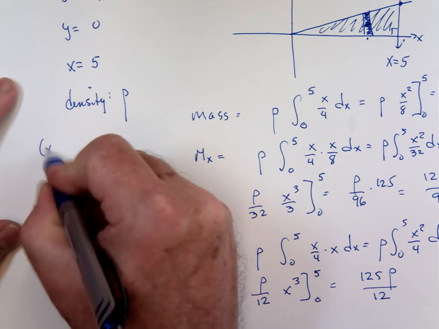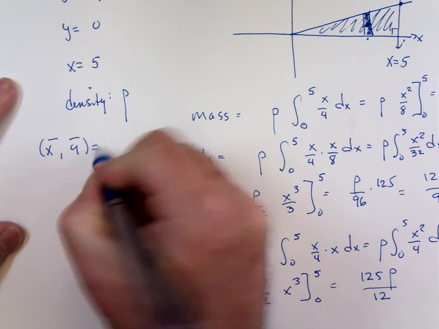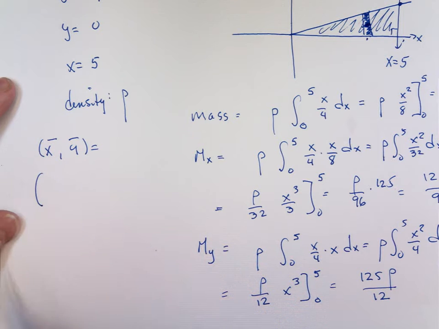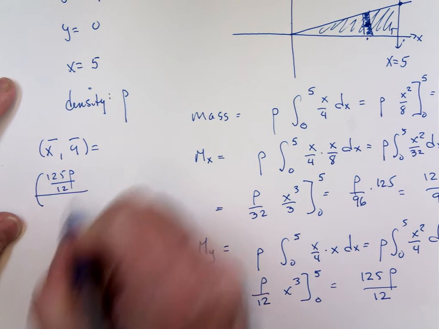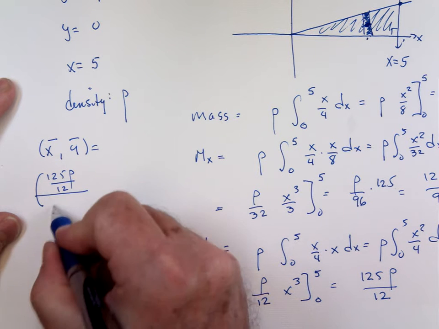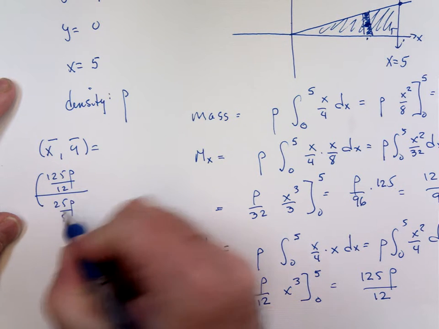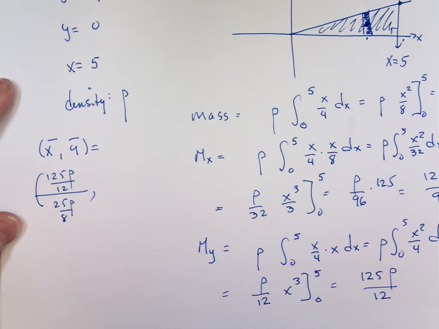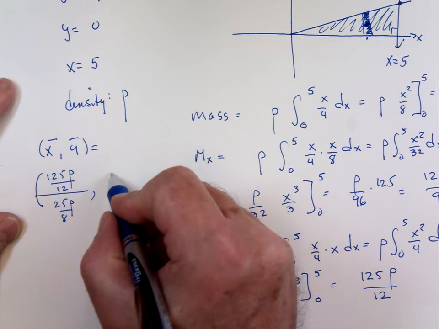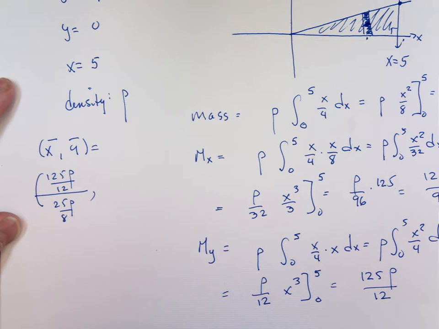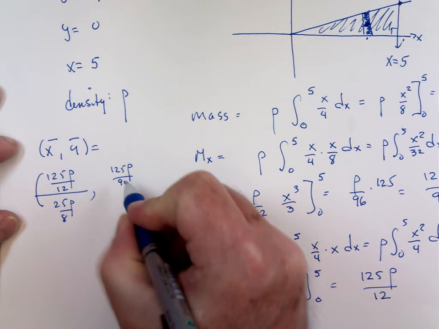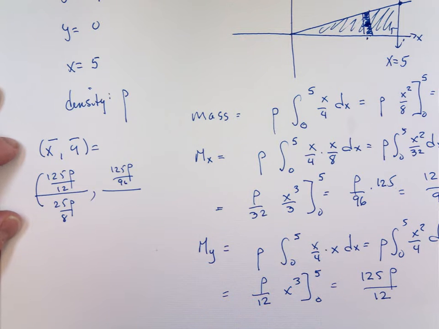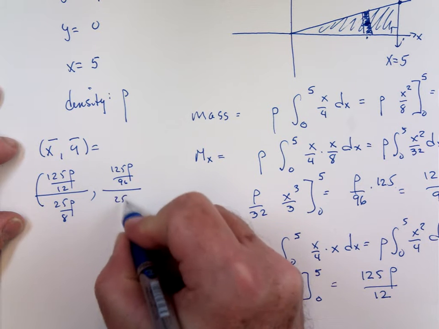x bar, y bar is equal to moment from the y-axis, 125 rho over 12 divided by the mass, 25 rho over 8. And y bar, moment from the x-axis, 125 rho over 96 divided by the mass, 25 rho over 8.